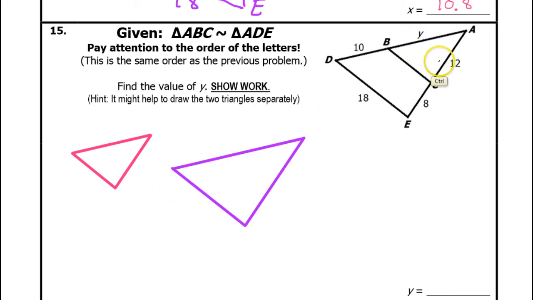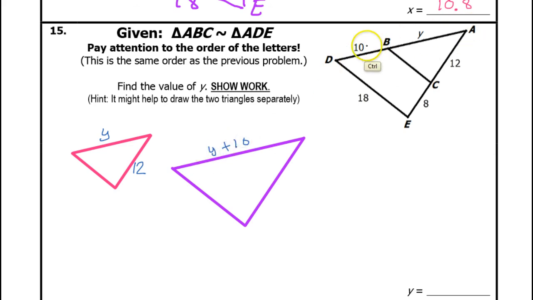So let's see what we have. When it comes to the smaller triangle, I see that we have the y, which is side AB, and I see that we have the 12, which is side AC. That's all I have for the smaller triangle. Now for the larger triangle, this long side here, the upper side, is going to be y plus 10.